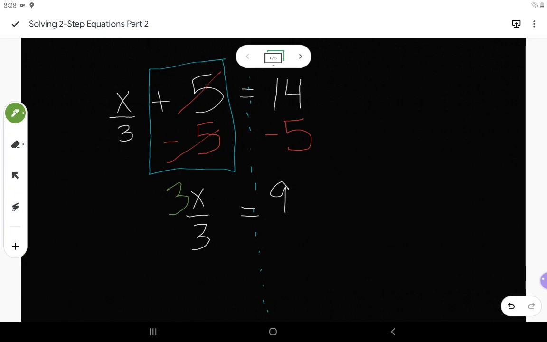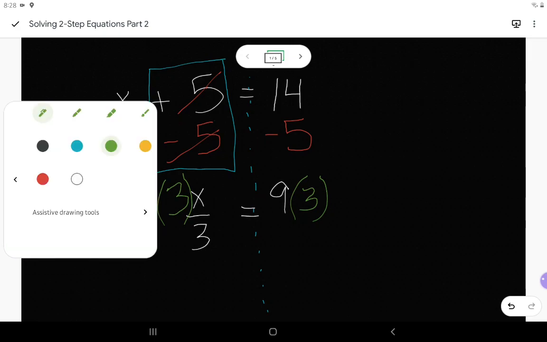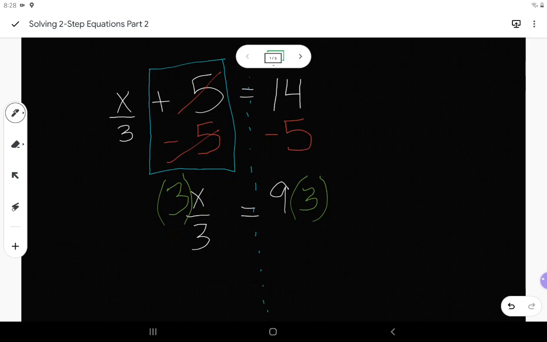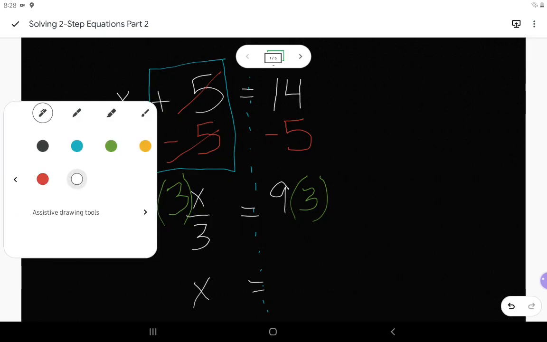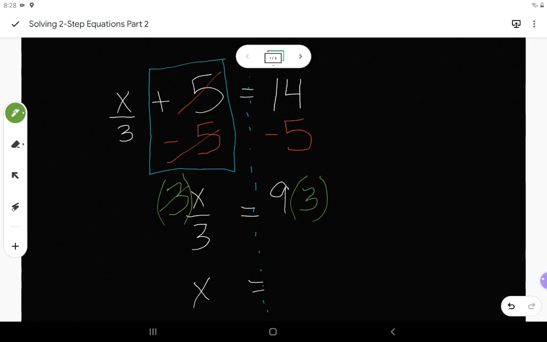If you want, you could wrap it in brackets to show that it's multiplying, and I'll wrap it in brackets on the other side as well. 3 divided by 3 is 1, and 1 times x is just x. So we get our 1x left over, because our 3's cancel one another out. On the other side, 9 times 3 gives 27.